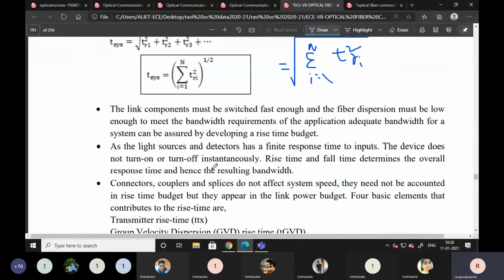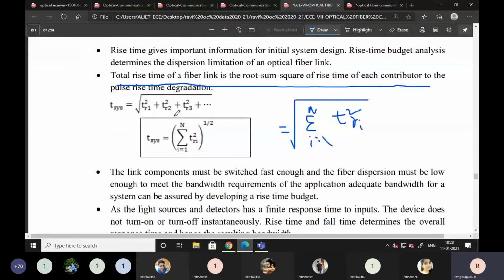Okay, this is the main formula. Here TR1, TR2, TR3 and so on are the transmitter type: at how much time you are going to transmit the signal, the transmitter requires how much time, the receiver requires how much time.